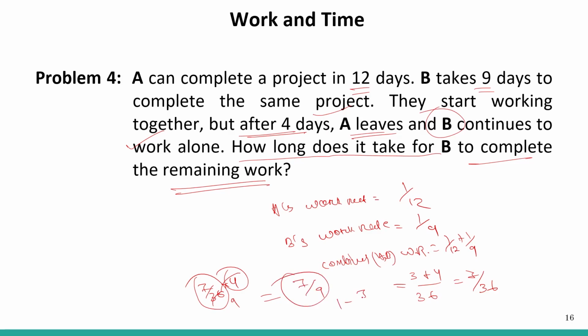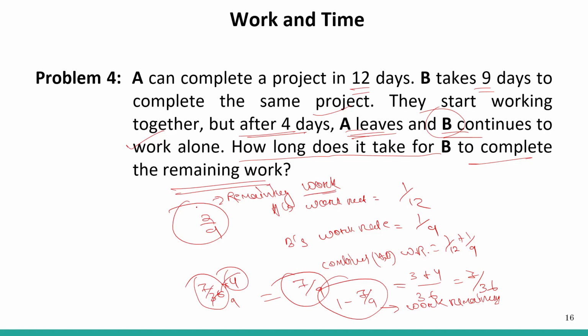So 1 minus 7 by 9 is equal to the amount of work remaining that B will continue to do after A leaves. This is nothing but 2 by 9, the remaining work. Let's solve for how much time it will take to complete the remaining work.